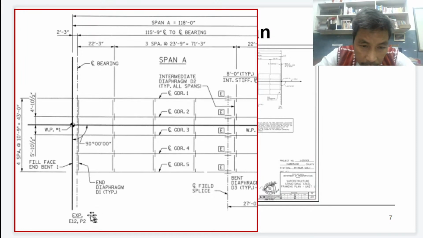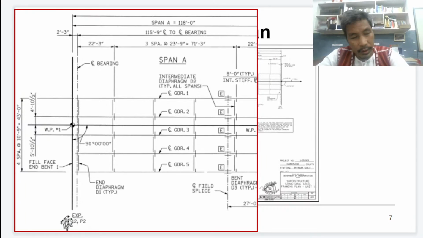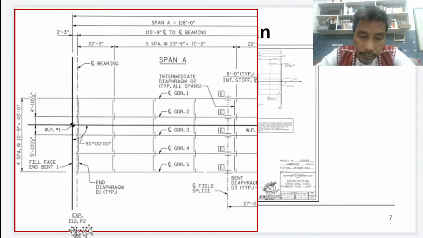So these are legends. We can look at the legends and find out what they mean about these symbols or representation. I am not familiar because they are using their code. We are using our local code. So I'm not so familiar with this.